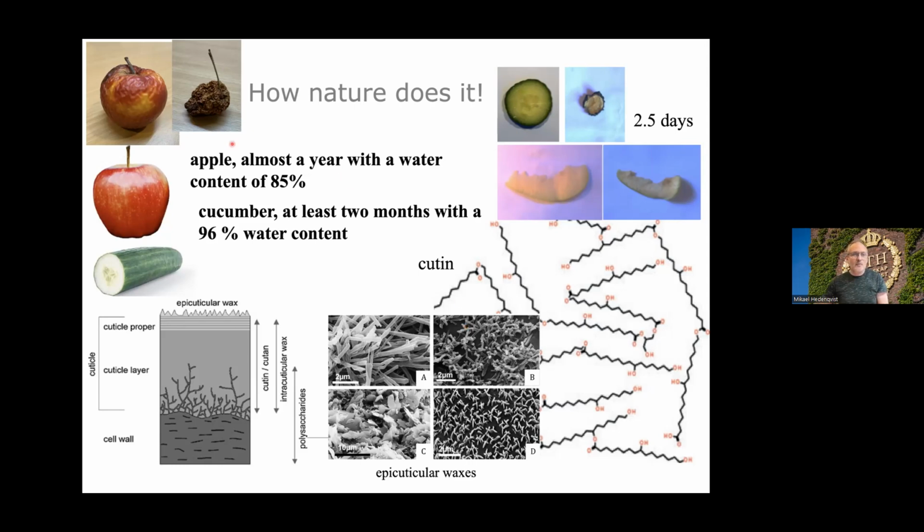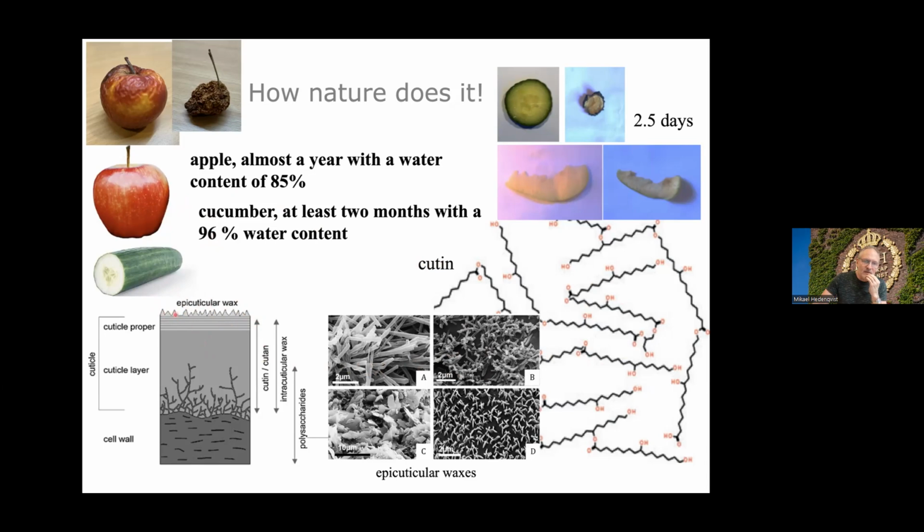But as you see on the top here, I think this is 4 months after I bought the apple. There are apple sorts that can keep the water inside for a very long time. And then it's interesting to see how nature is solving that. It looks a bit the same in other peels or other cuticles. You have on top a hydrophobic layer, a wax layer, and underneath you have a cross-linked polyester.